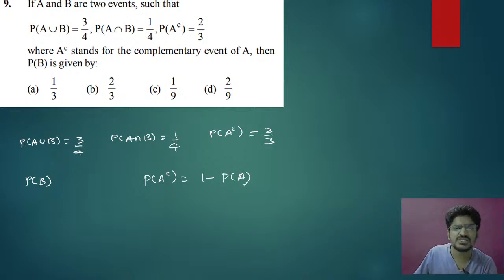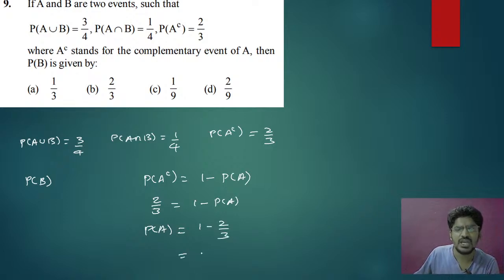So now for this we can calculate probability of A complement is nothing but 2 by 3, 1 minus probability of A. So what is probability of A? 1 minus 2 by 3. So what is probability of A now? This will be 1 by 3. So from this you get probability of A is 1 by 3.